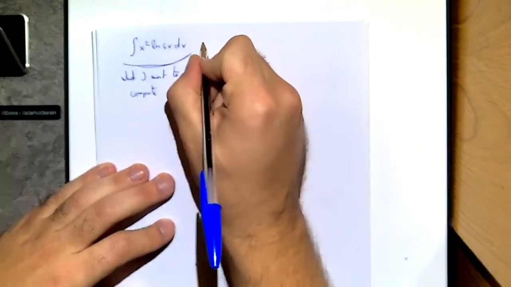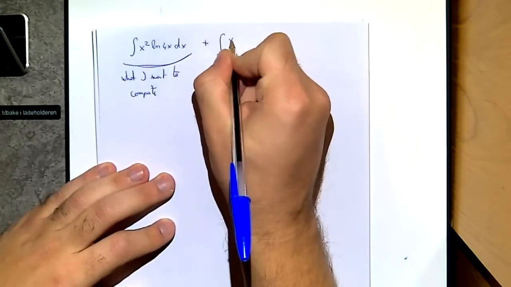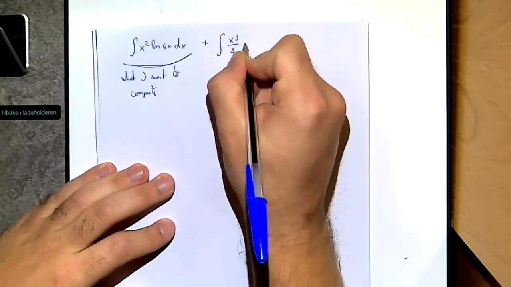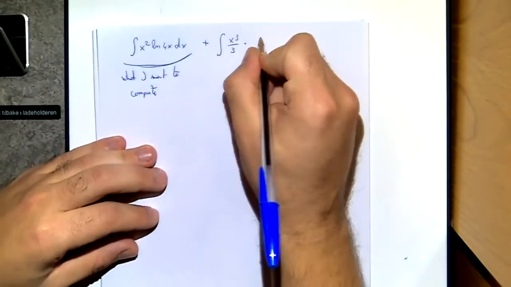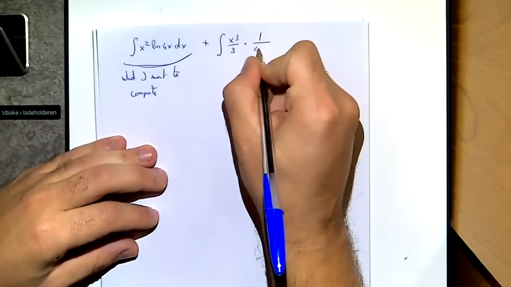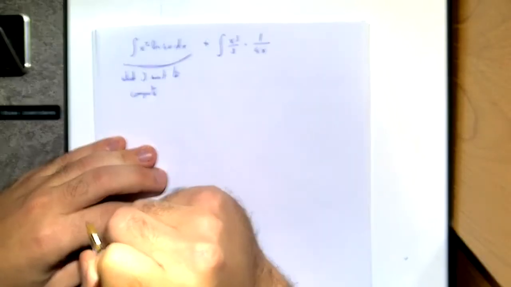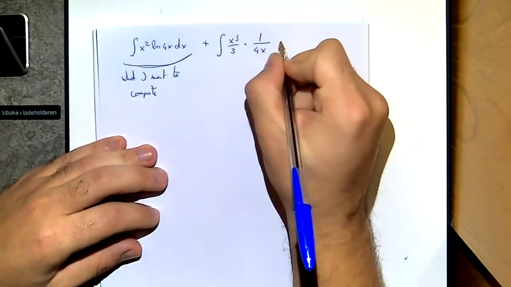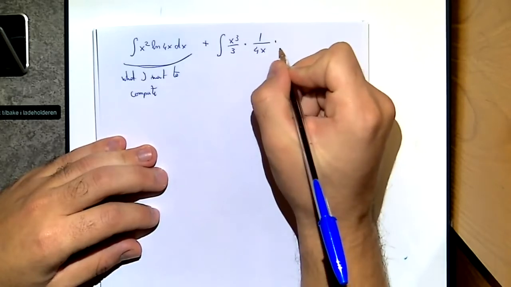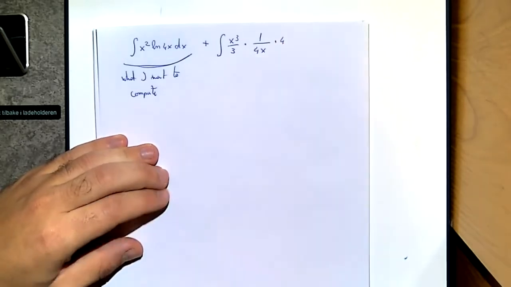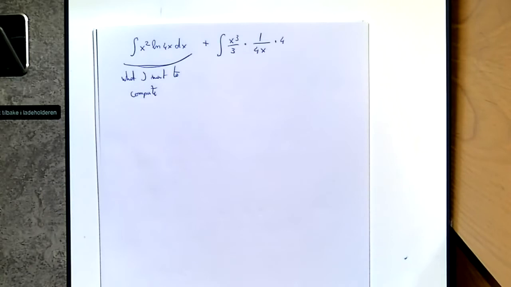Now, plus the second term is just x to the third over 3 multiplied by the derivative of log, which is 1 over 4x multiplied by the derivative of what's inside, dx.